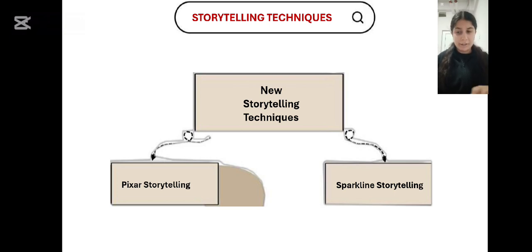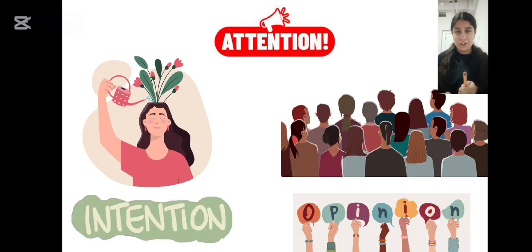Which techniques may help you, and which one is your best? Attention: while doing that, don't forget about who your audience is and what your intention is. A clear intention makes your words worthy. And don't forget, what do you want your audience to feel, to think, and to do?